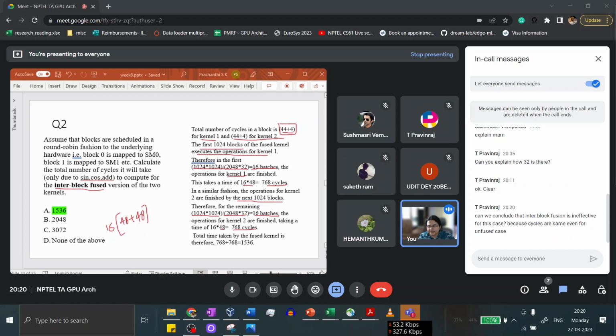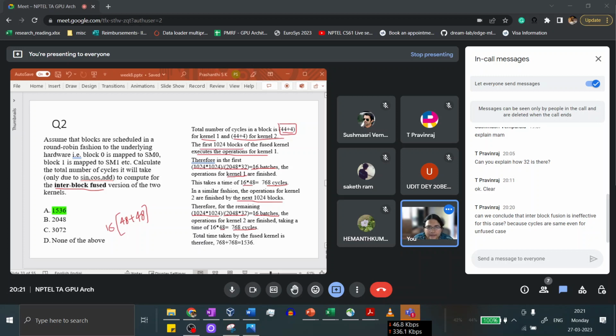If you feel these are still difficult, can we conclude that interblock fusion is ineffective for this case because cycles are the same even for the unfused case? Theoretically, you can draw such conclusions, but in practice, a lot of other things come into play. So from the information given for the question, you can conclude that.